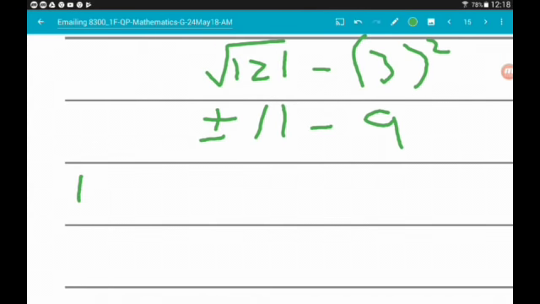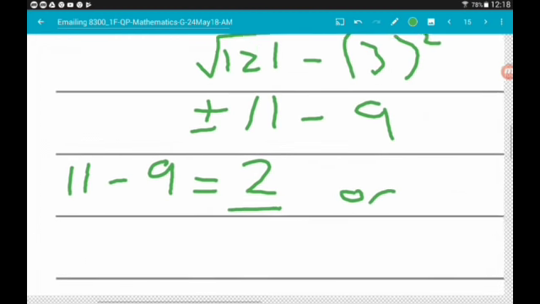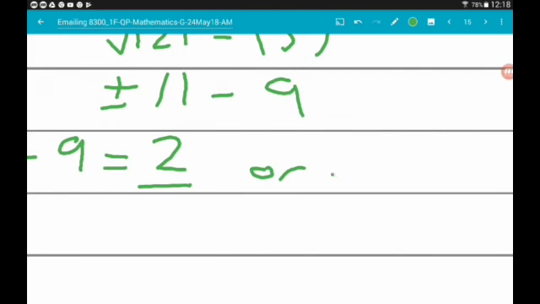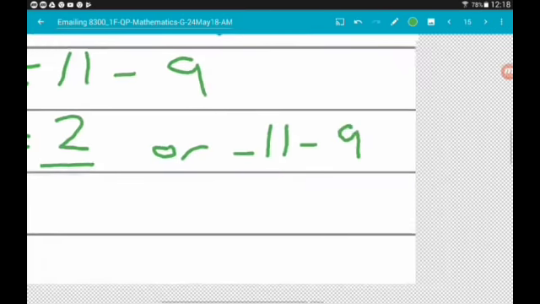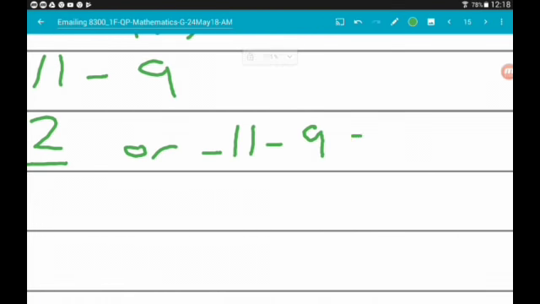If we do 11 minus 9, 11 minus 9 is 2, so that's one answer, or if the other one is minus 11 minus 9, which gives us minus 20.